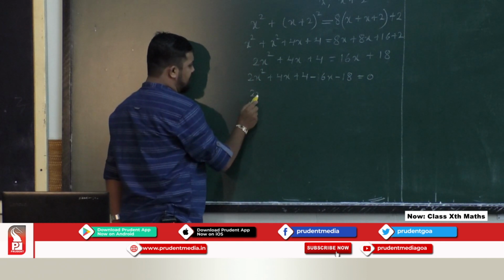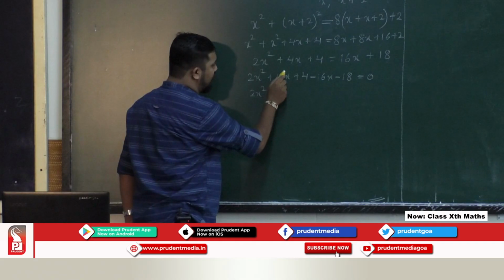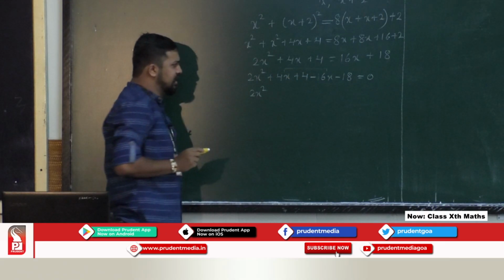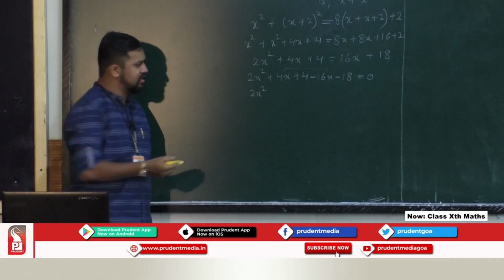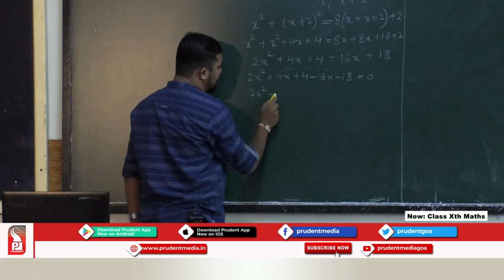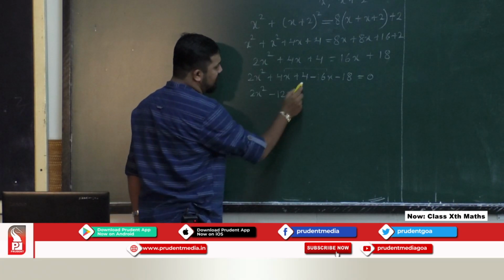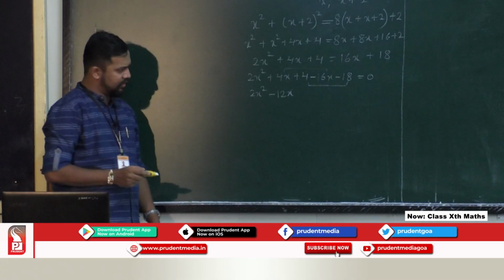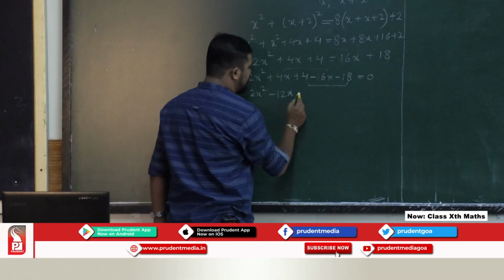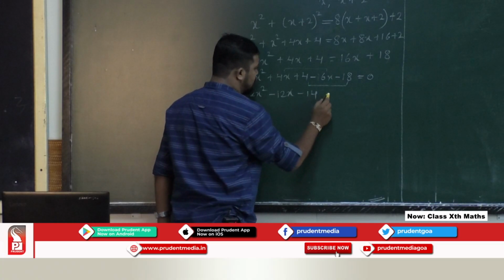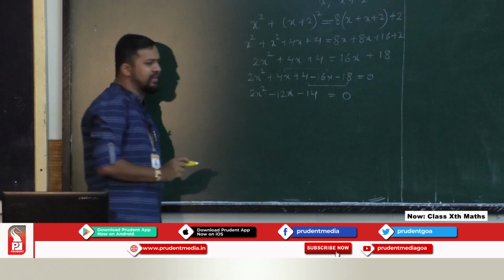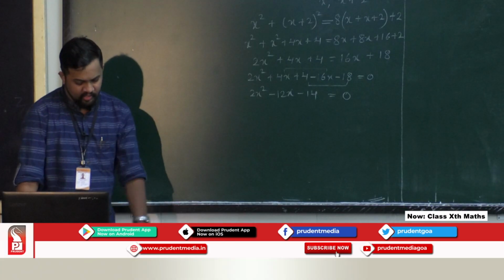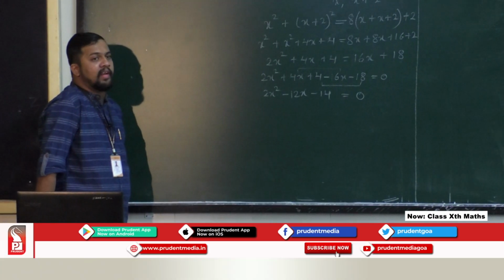So for 4x and 16x, 16 minus 4 is 12. The sign of the bigger number is negative, so minus 12x. And 18 and 4: 18 minus 4 is 14, so negative 14 equal to 0. So this is my equation: 2x square minus 12x minus 14.